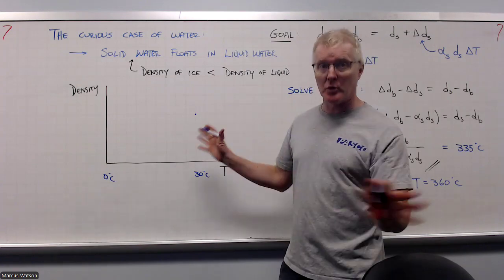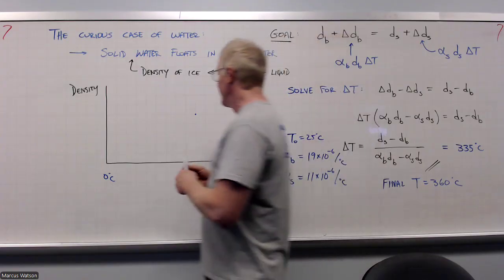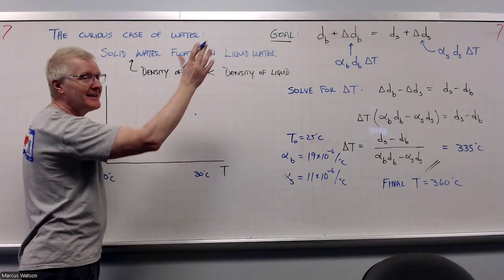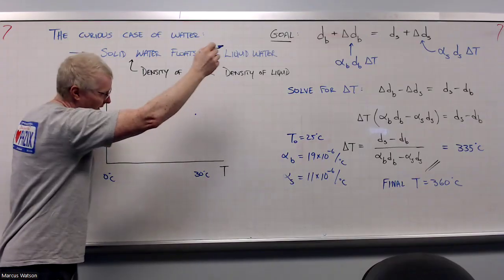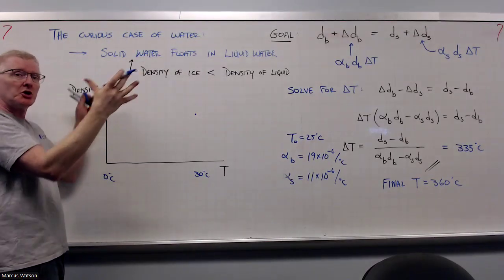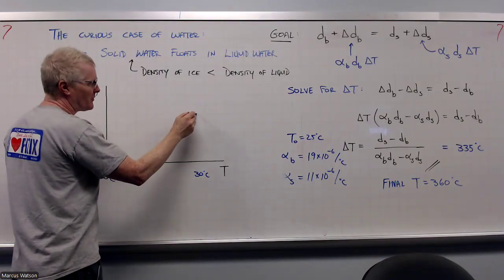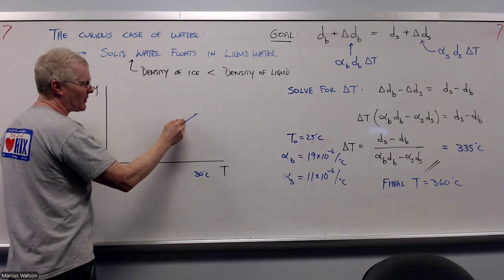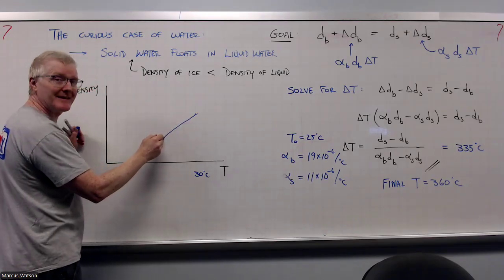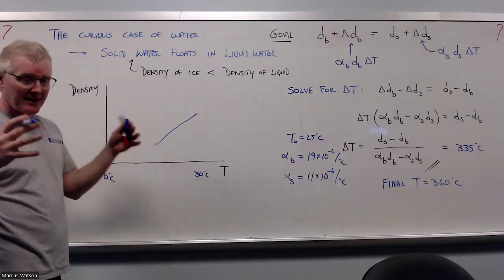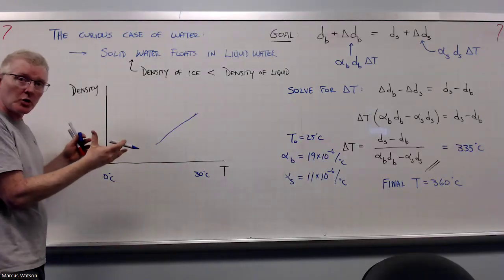And liquid water totally does that. You could start with it even way up at 90 degrees centigrade, and as you cool it, it will shrink, okay? This is exactly what you would expect to happen. When you cool something, it contracts. And liquid water totally does this.